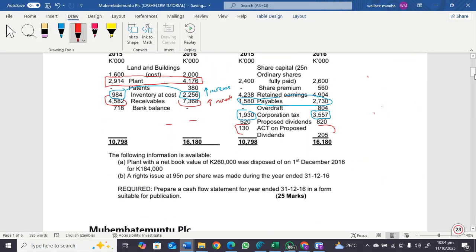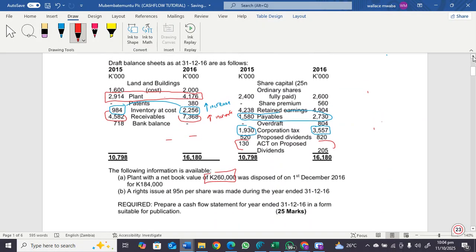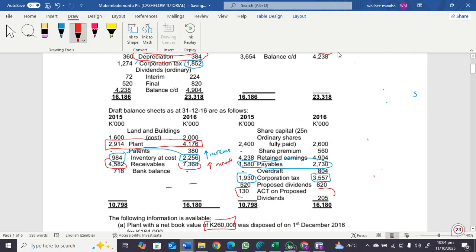Then also we've been told a plant of 260 has been disposed, so we need this amount also, because if you just subtract and ignore this, you'll get wrong figures. We have depreciation also given to us, 384.